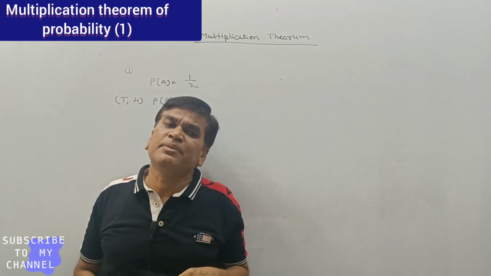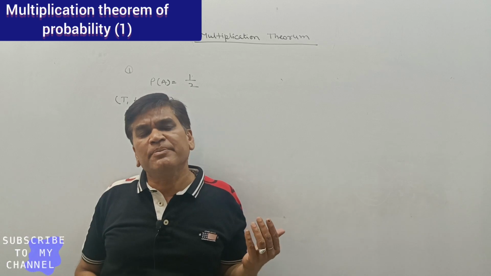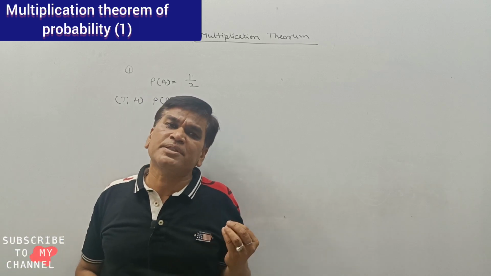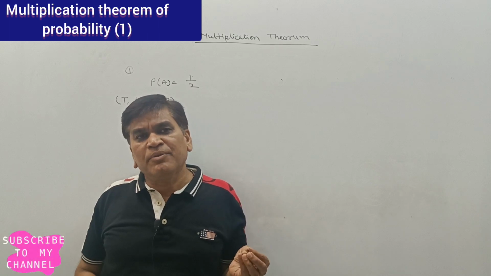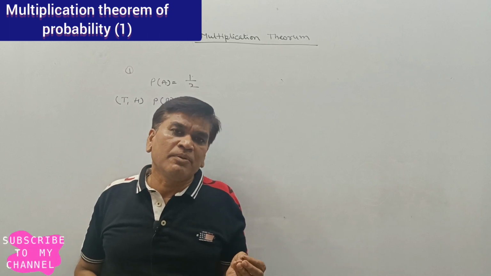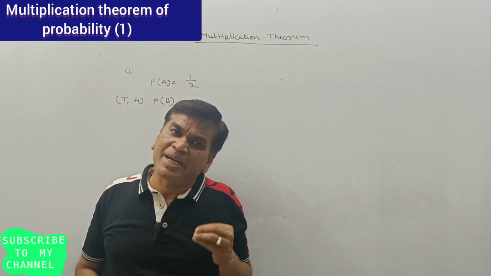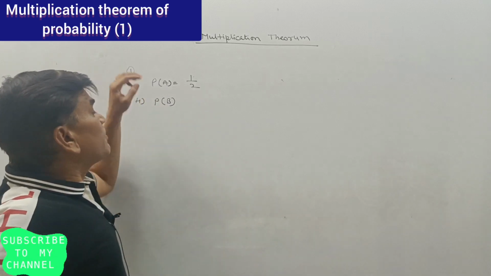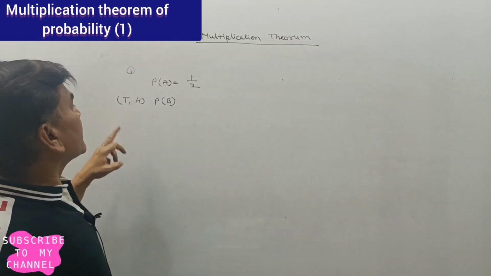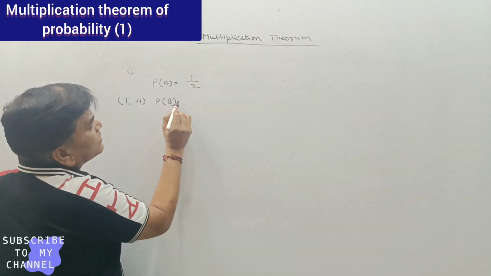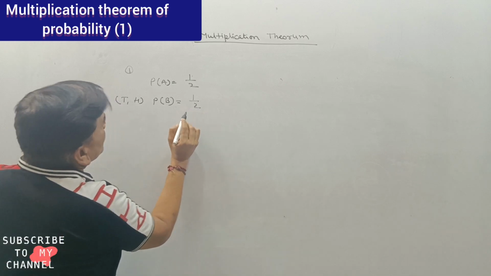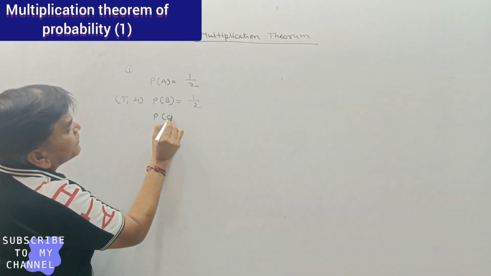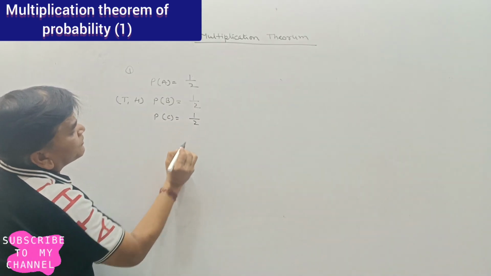Suppose there are 3 cricket matches. In the first match a captain won the toss by calling head, so the probability is 1 by 2. In the second toss also, if we want head, the probability is 1 by 2. And the third throw also, if we want head, the probability is 1 by 2.